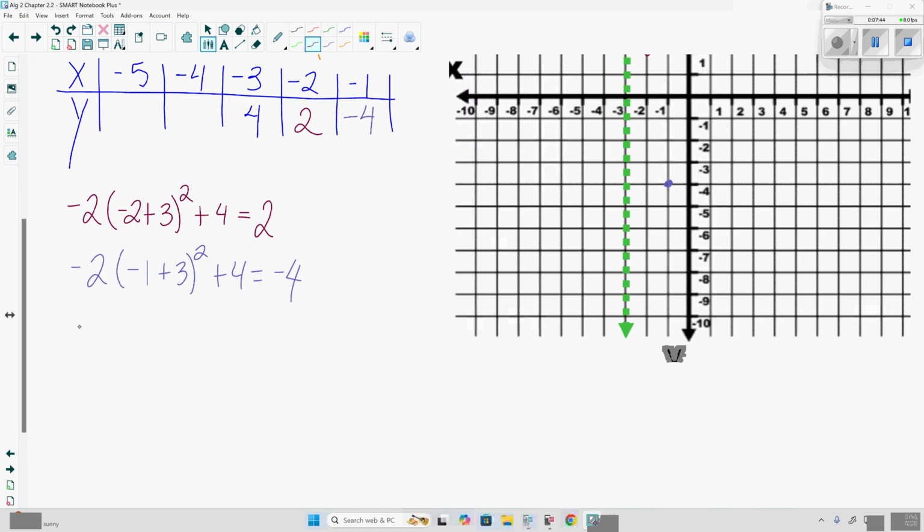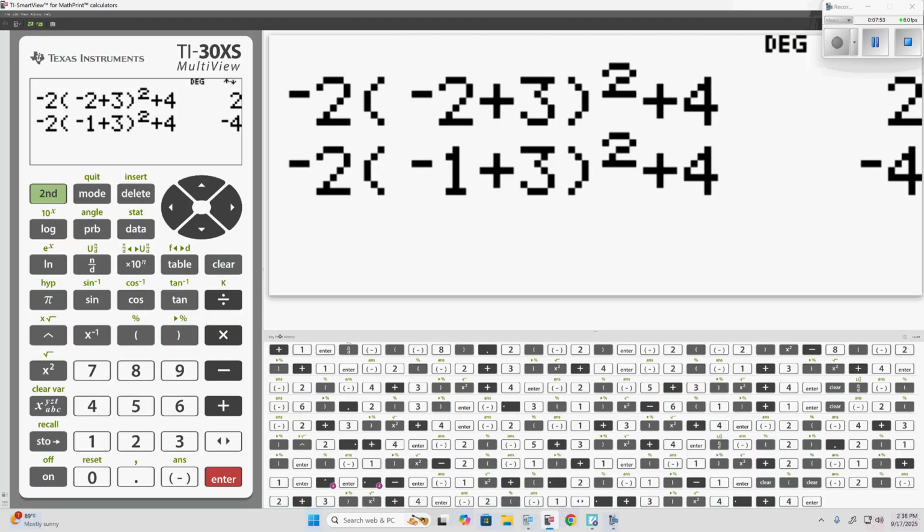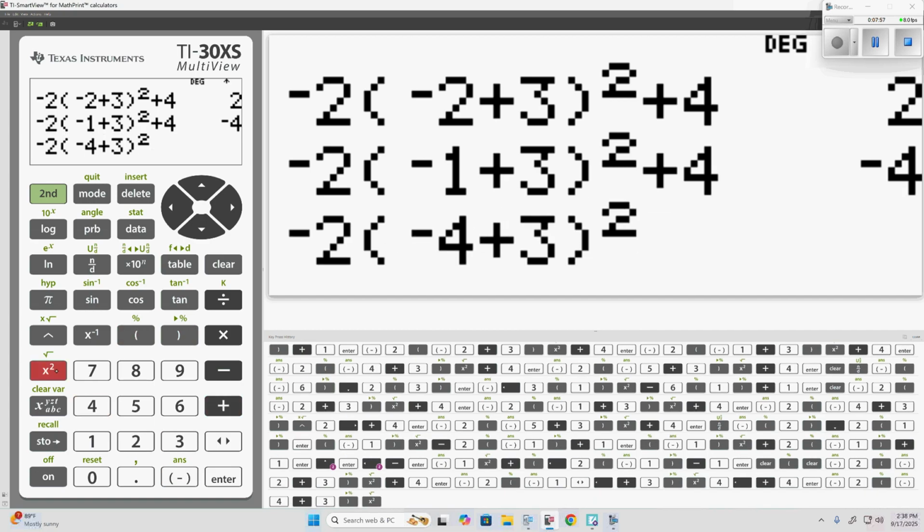Now -4, we can say -2 times (-4 plus 3) squared plus 4. So we can write that out and plug it in. -2 times (-4 plus 3) squared plus 4 is +2.